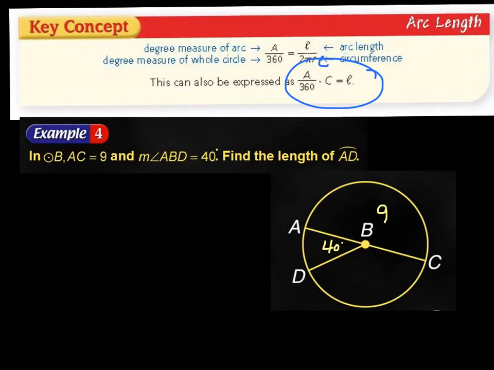In circle B, the diameter AC is 9 and the measure of angle ABD is 40 degrees. Find the length of arc AD. So we've got our part of our whole, so 40 over 360, which would make a lovely percent, would it not? Times circumference, which is pi times diameter, so 9 pi.